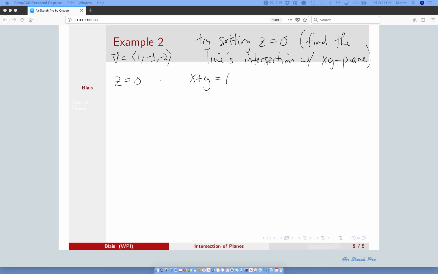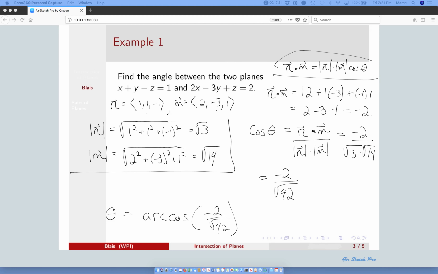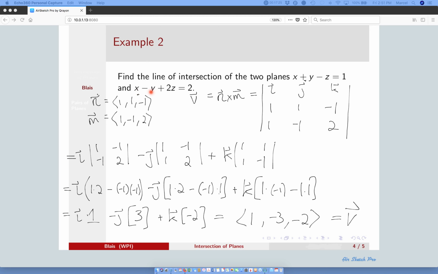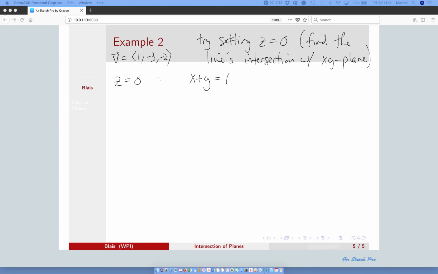For the other plane, if we set z equals 0, the 2z term goes away, and we have x minus y equals 2. And what we now have is two equations and two unknowns having fixed the z-coordinate at 0. So we solve these.